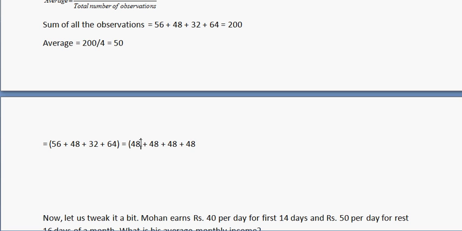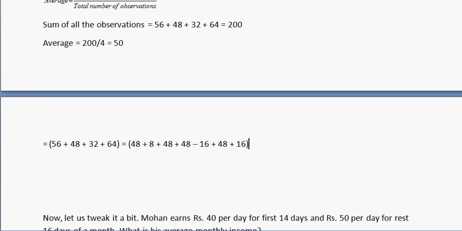The 56 is broken into 48 plus 8. We can do that. This 48 is as it is. 32 is written as 48 minus 16. And finally 64 is written as 48 plus 16.